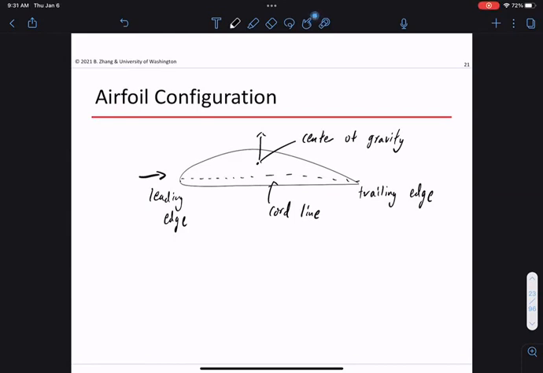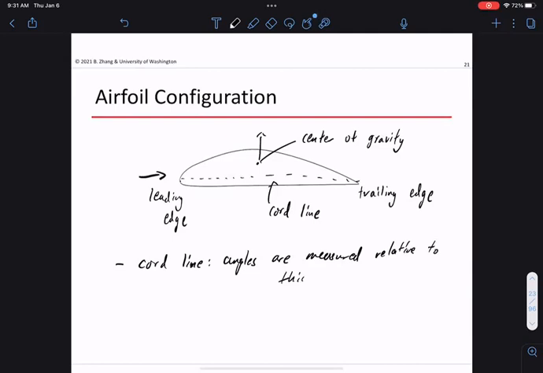So for us, we'll think of the airfoil as very simple. It has two edges. We have a chord line. This is really for us to measure angle. So the chord line is really for us to talk easily about angle measurement.